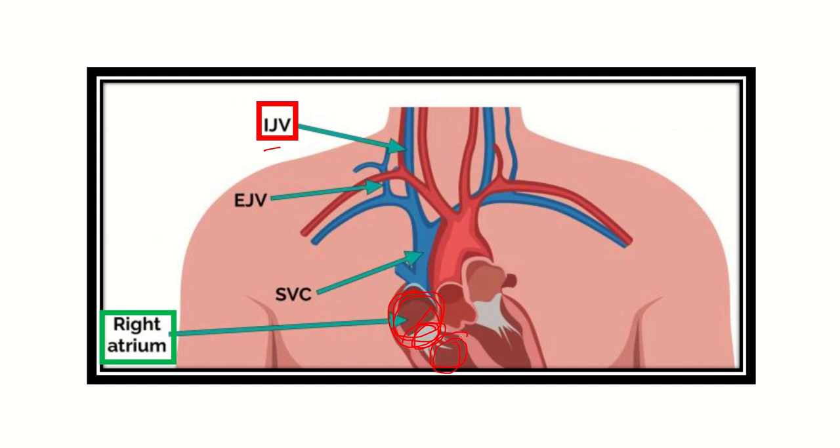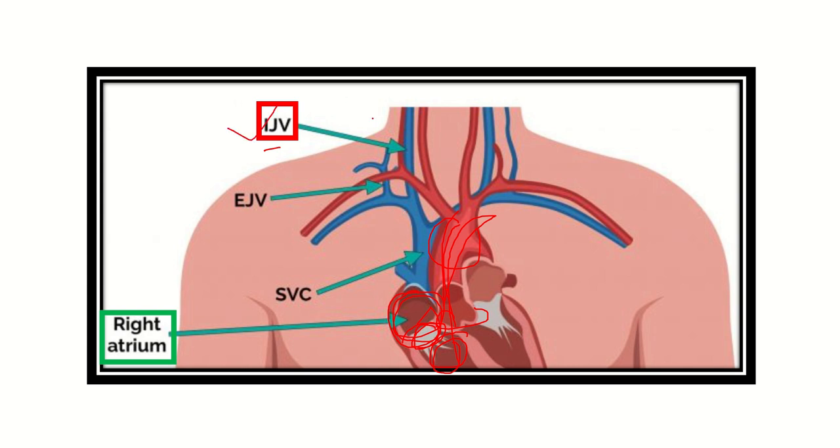And it is also remembered that blood goes to the lungs through this pulmonary trunk. So any changes in the pulmonary trunk and the valve here, and also the changes in the lungs, they may reflect pressure in the internal jugular vein.